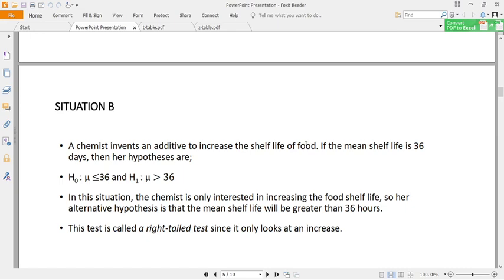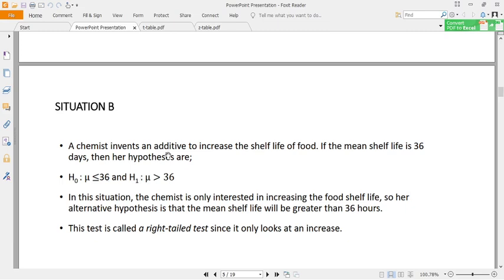Therefore the null hypothesis will be that there is no difference. In other words, the mean will not increase. If it has been 36, it will be less than or equal to 36.